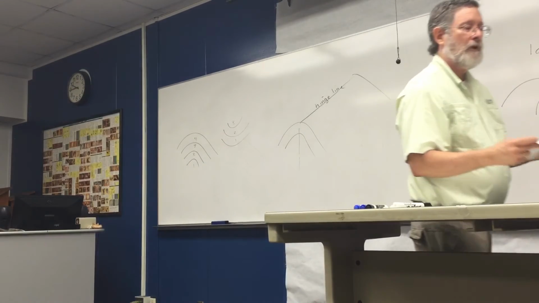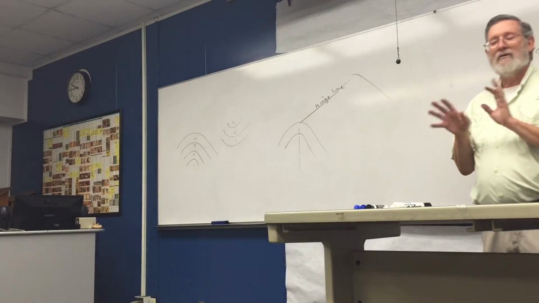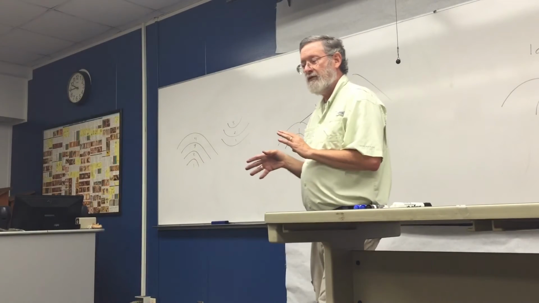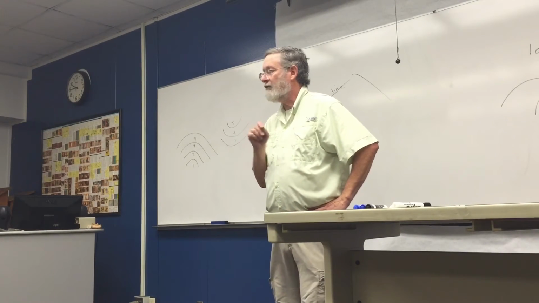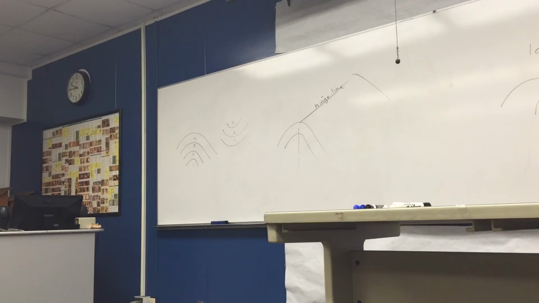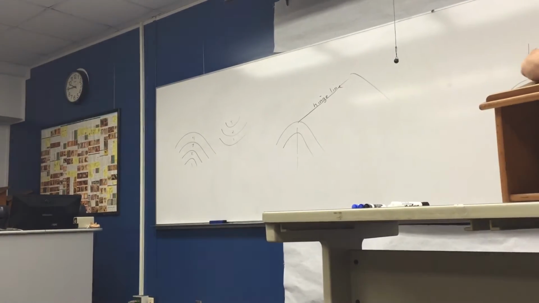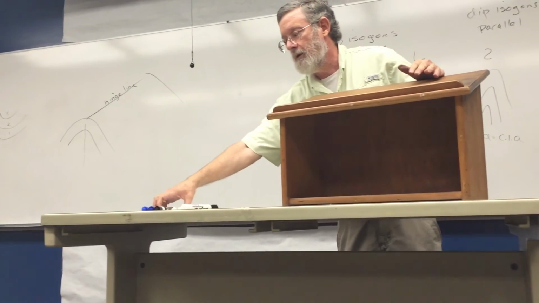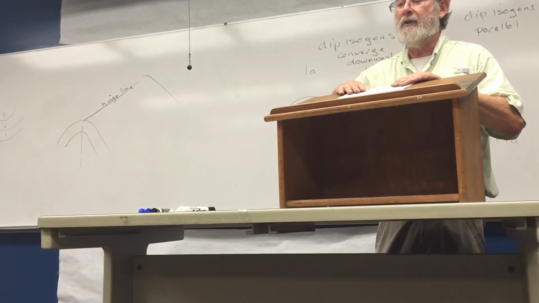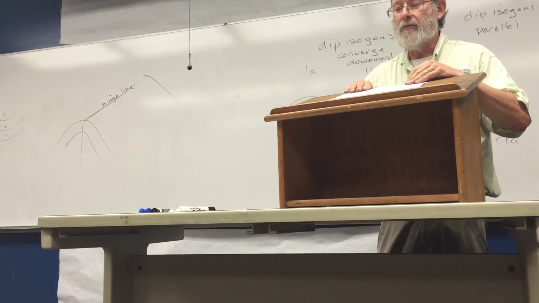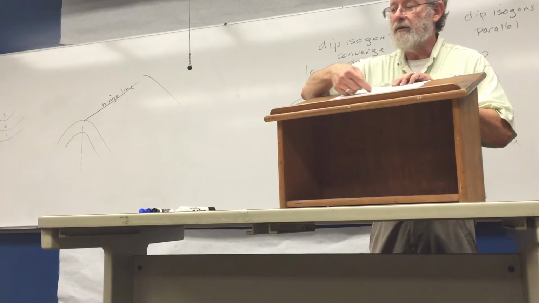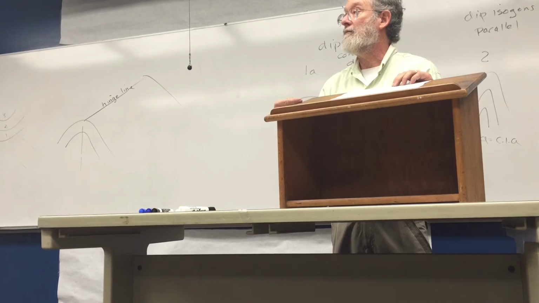Well, if we think about the orientation of these surfaces, we have to think about something called the pitch of a line in a surface. So let's look at our podium rather quickly. Here we have a surface. If we think about strike, remember the strike is a horizontal line in the plane.